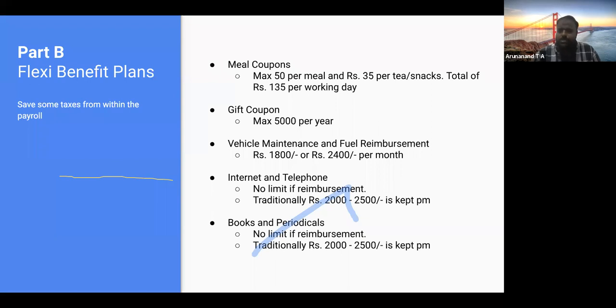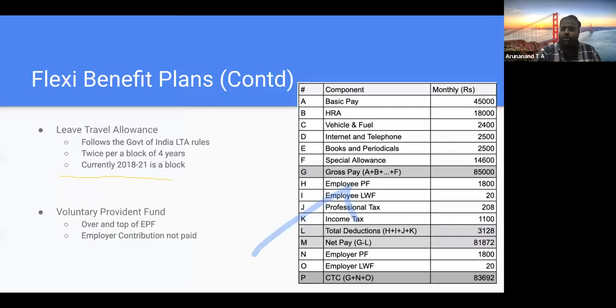And books and periodicals: you can buy your dailies, your weekly magazines, monthly magazines, whatever it is, e-magazines, e-books, purchases from Amazon, etc. If you have bills, this is also non-taxable. And what happens is, at the start of the financial year, the company will ask you, hey, I'm going to give basic pay, HRA, and special allowance.